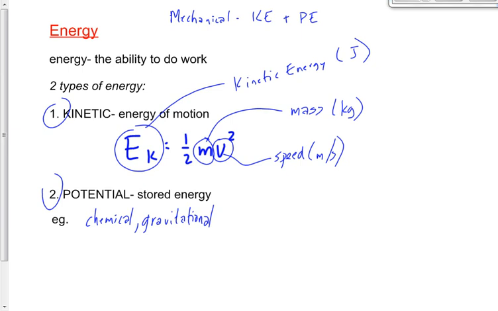What's another kind? Chemical, gravitational. What else has stored energy? Another type of potential energy, elastic potential energy. The energy stored in a stretched elastic.